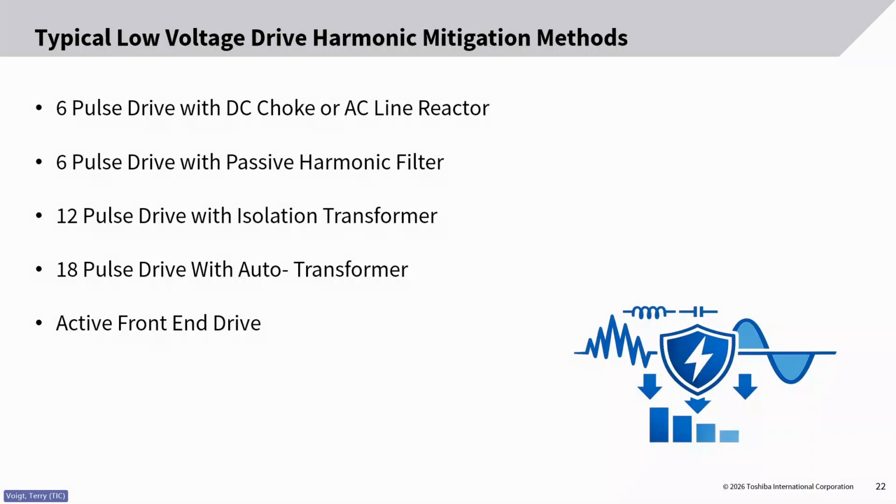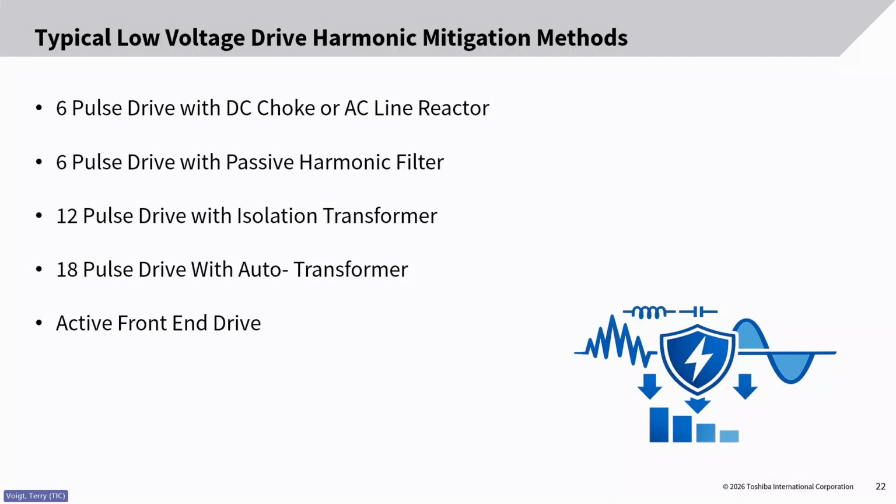You can also have 12 or 18 pulse drives. Those need a specific transformer to be paired with the extra diodes, basically. It will shift and then cancel out any of the harmonics that get generated. So those are 2 other options, and then also active front end drives. I briefly mentioned that too.